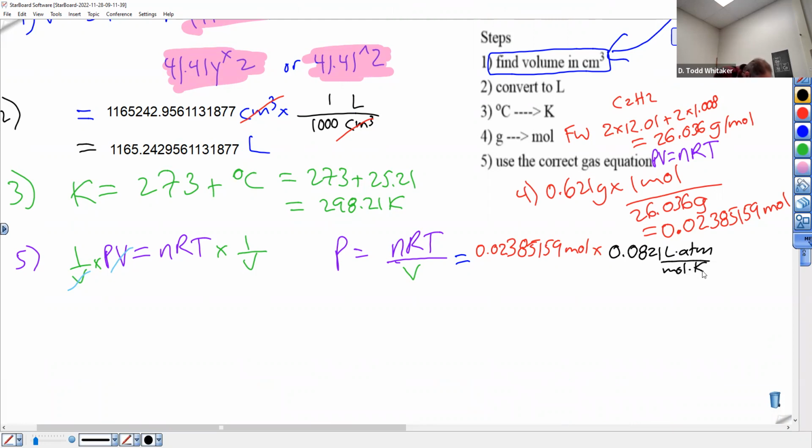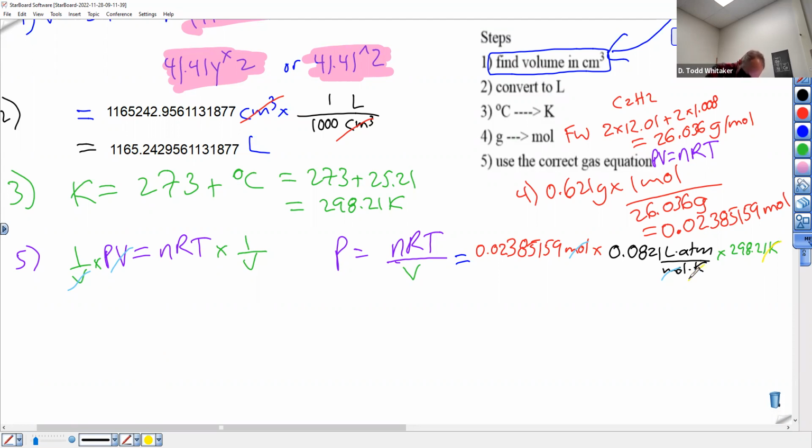Moles are now a thing of the past. And we haven't even finished this thing. That's nRT. Better use Kelvin. What do we got? 298.21. Big K, also a thing of the past. Big K on top, and big K on the bottom.